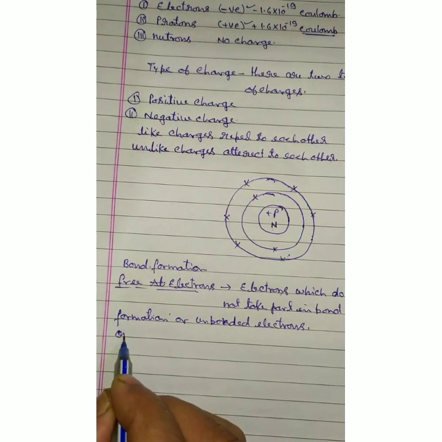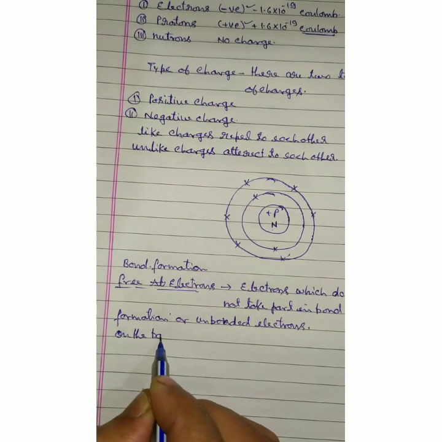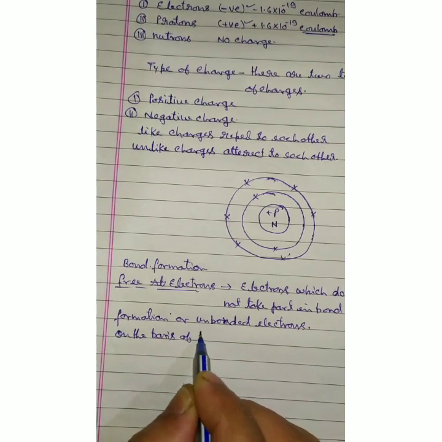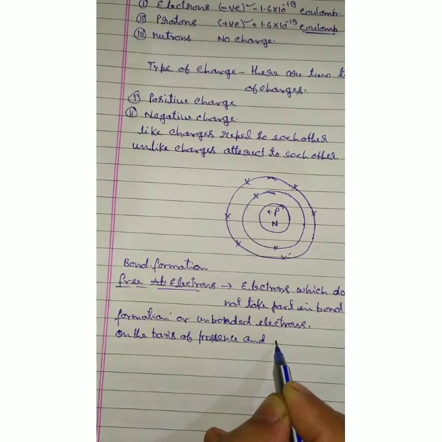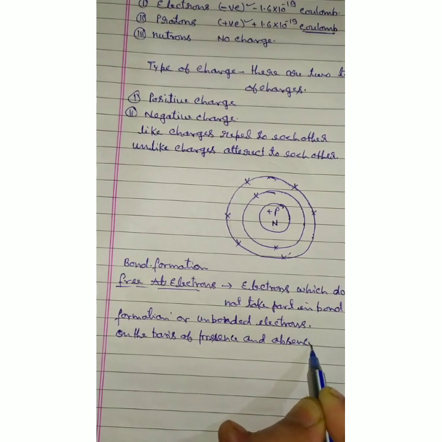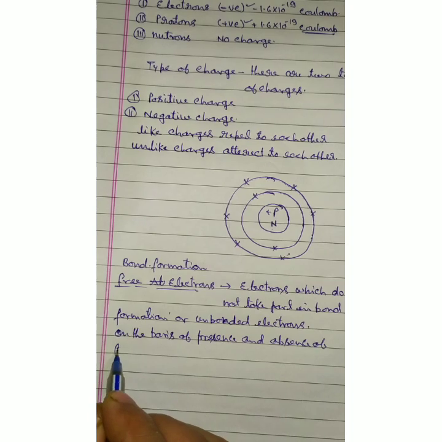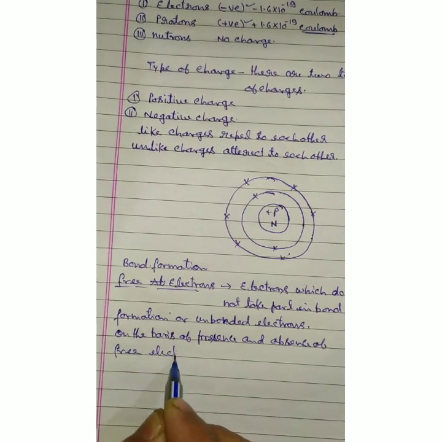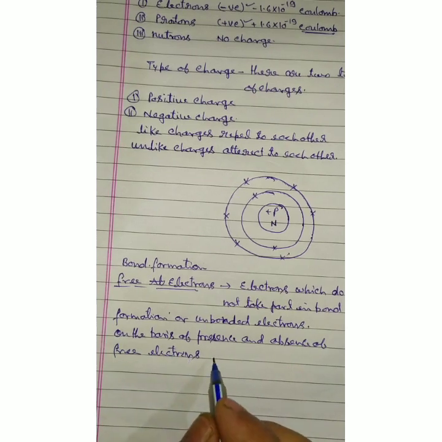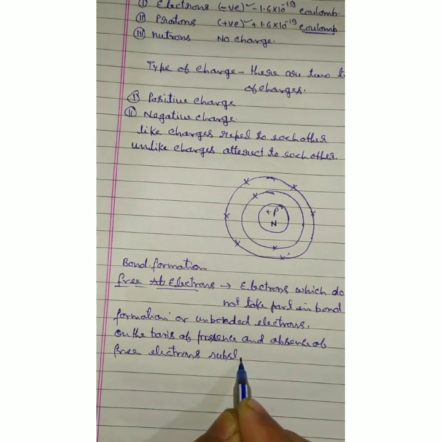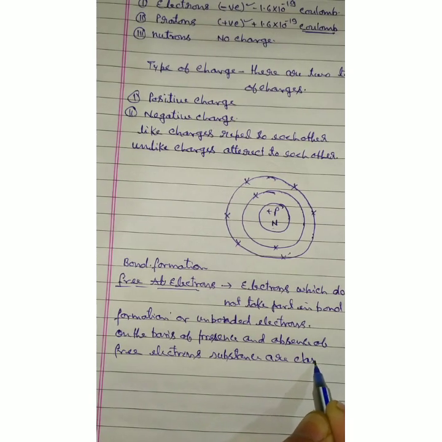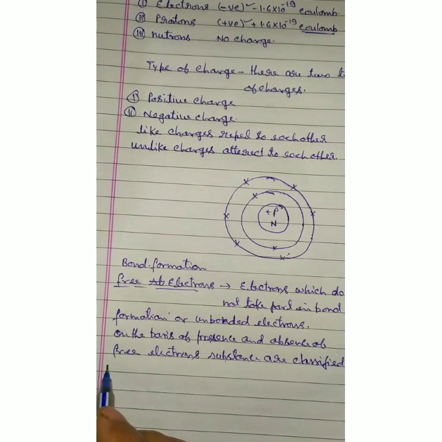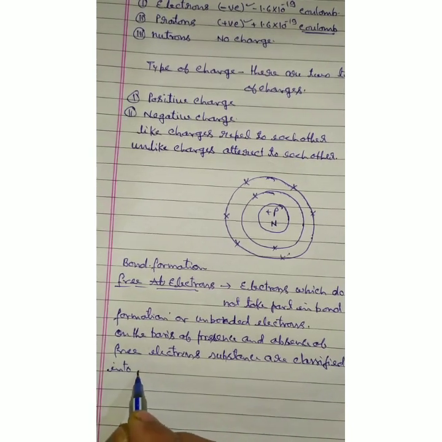On the basis of presence and absence of free electrons, substances are classified into two types.